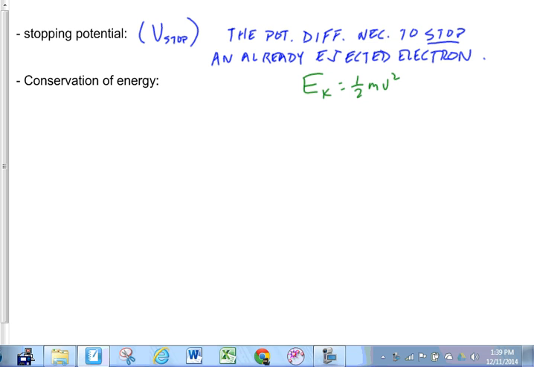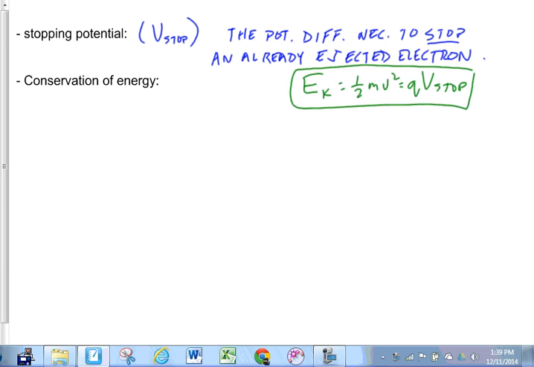So we're going to say EK is 1/2 mv squared, but it also is equal to QV stop, the conversion of kinetic to potential as the electron stops. This equation is also on our data sheet, although it's not together on our data sheet. EK is equal to 1/2 mv squared is in one place, EK is equal to QV stop is in another place. We just put them together then.